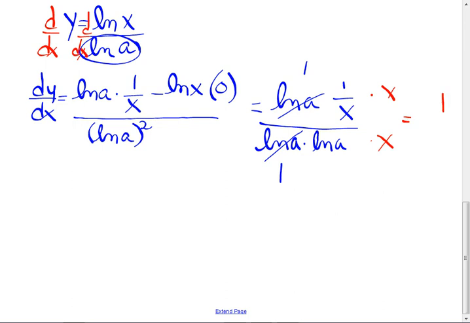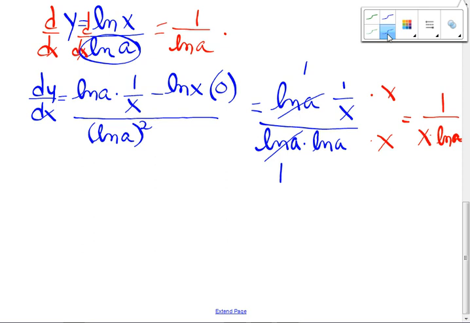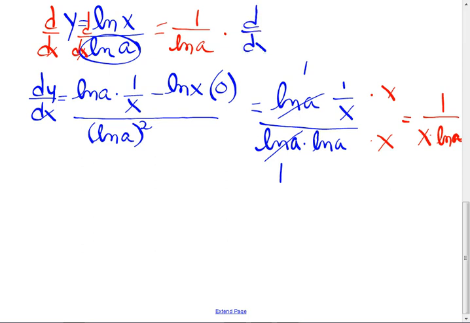So it's 1 over x times the log of a. Now, I don't memorize that. If for some reason I just can't, what I do is I pull out the 1 over the log of a and multiply it by the derivative of the natural log function, because I know what that is. The derivative with respect to x of the natural log of x, so it's 1 over the natural log of a times 1 over x. Done.